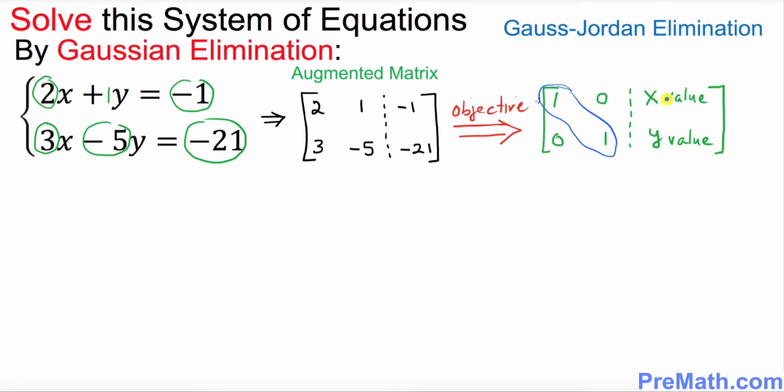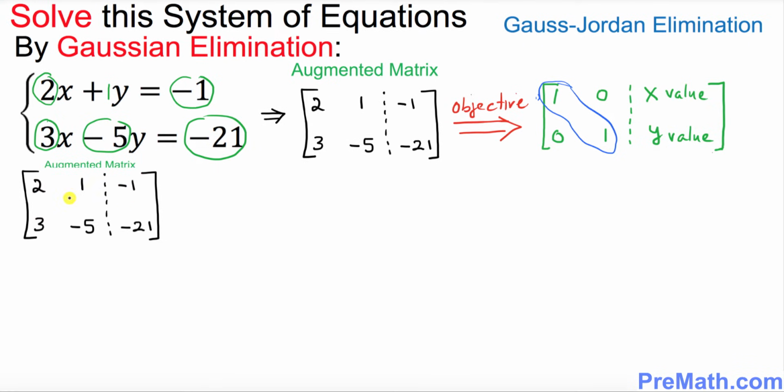And on the right hand side we can have x value and y value. So here I have put down my augmented matrix right up here. Now our goal is, as I mentioned before, we want to make sure that we should have this form, 1, 0, 0, 1.